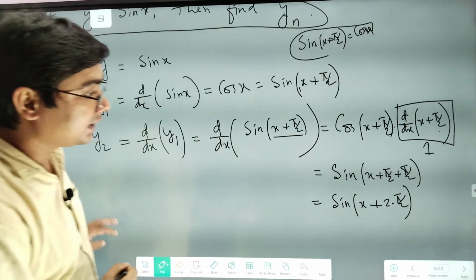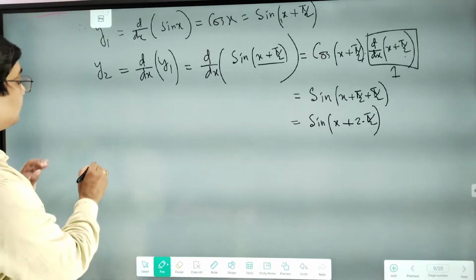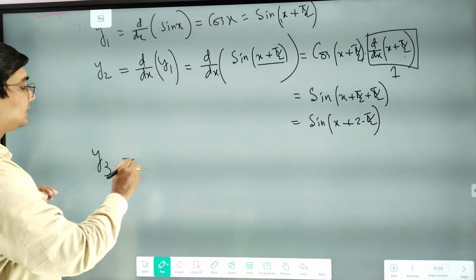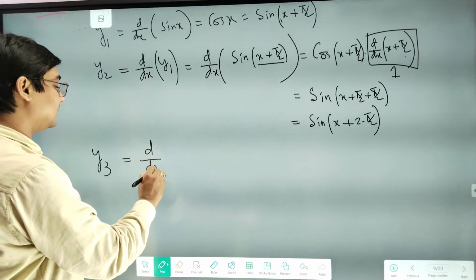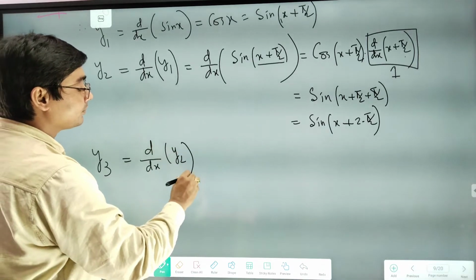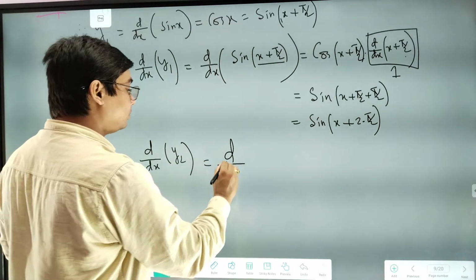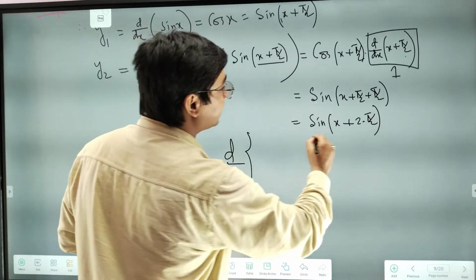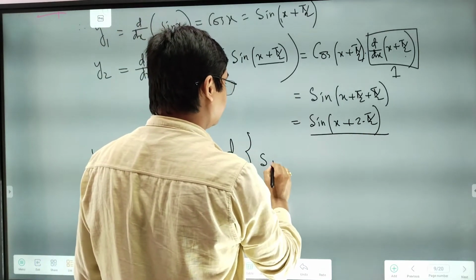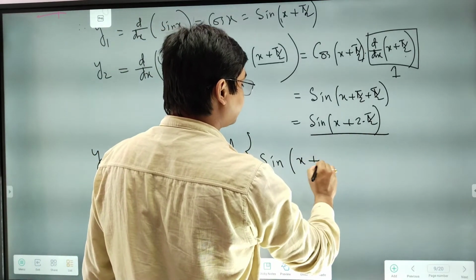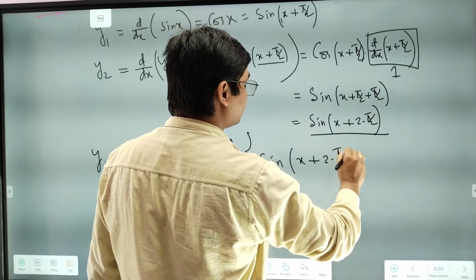Similarly you find the value of y3. So y3 will be d by dx of y2. So what is our y2? y2 is this one. So you put here sine of x plus 2 pi by 2.